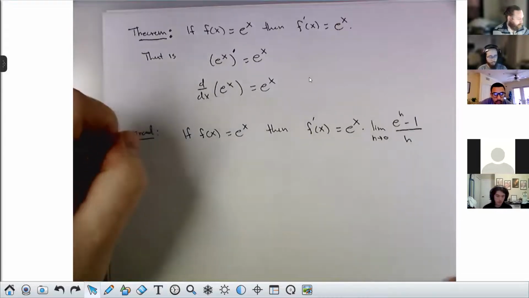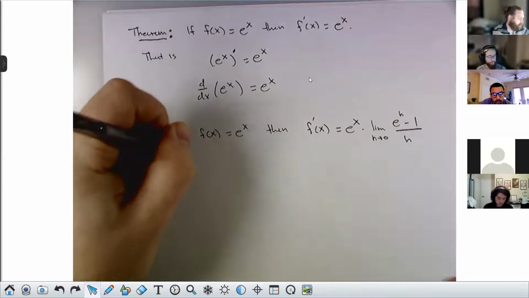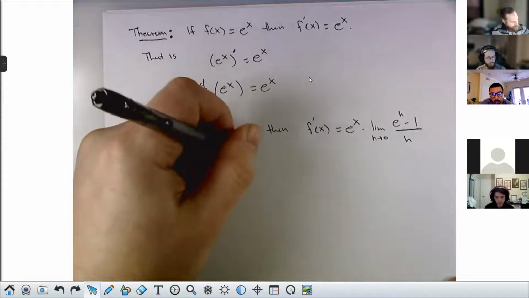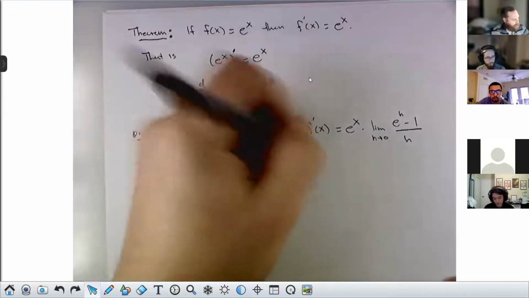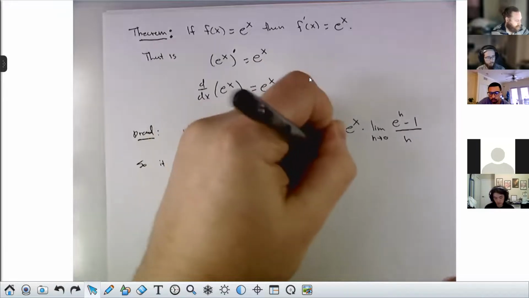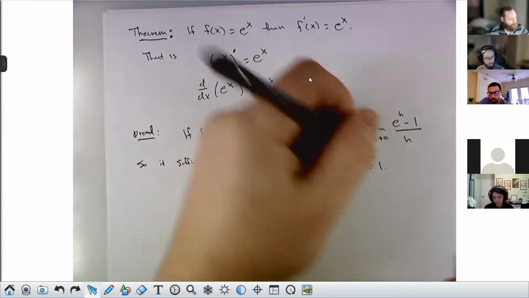So it suffices to show that the limit as h goes to 0 of (e to the h minus 1) over h really is 1.